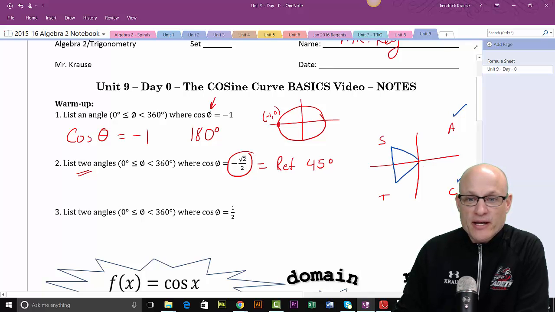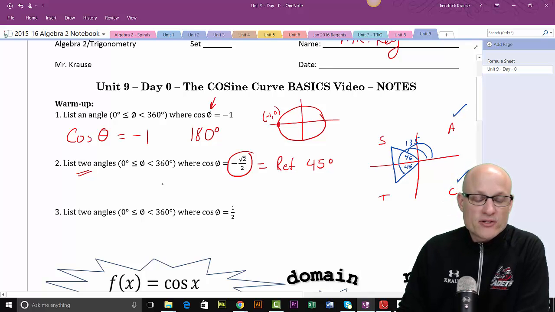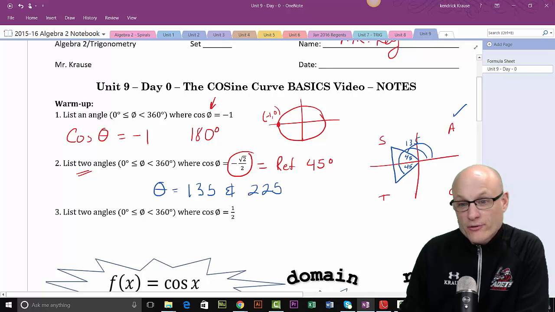When we're talking about cosine being negative, we're talking about these two quadrants, of which we're now talking about a 45-degree reference angle. So this one would be 135. Oh, these numbers come up all the time. And over here is 225. So in this case, theta would equal 135 and 225.